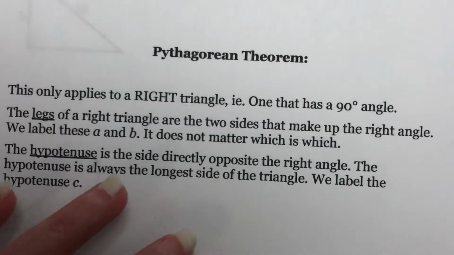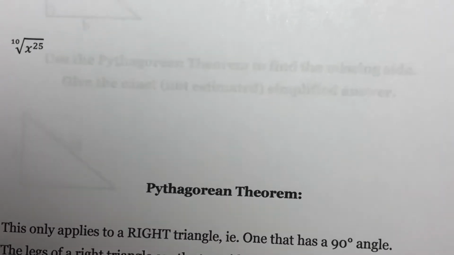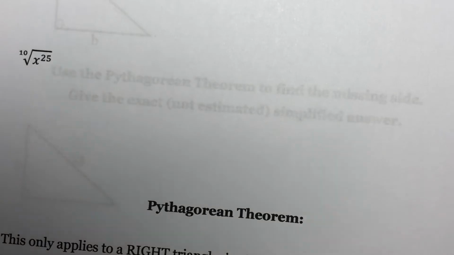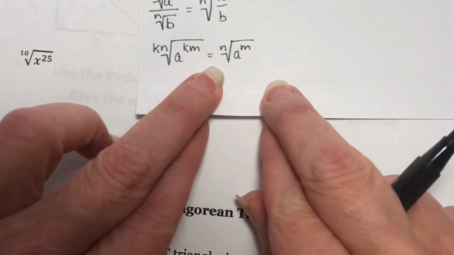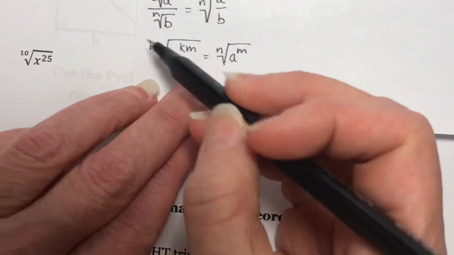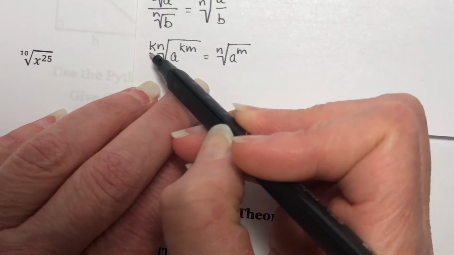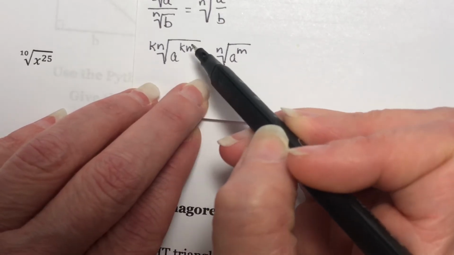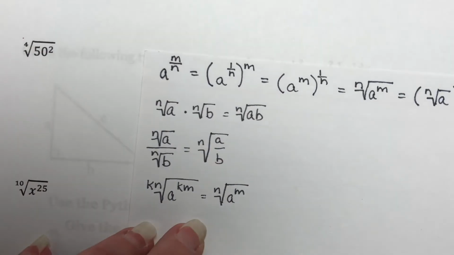Okay, so there's one property we have not really dealt with yet, and that is our final one right here, where we have an index and an exponent that are both divisible by the same thing, and we've got that on these two problems.